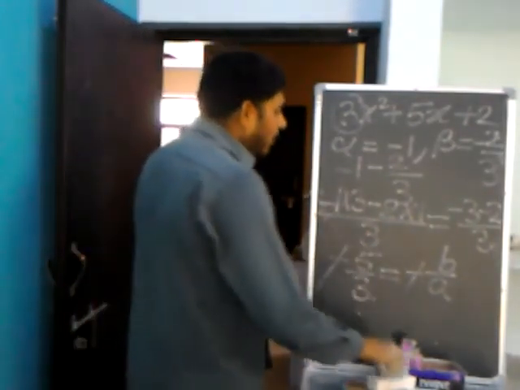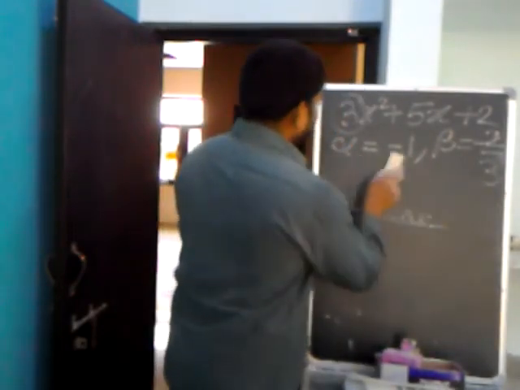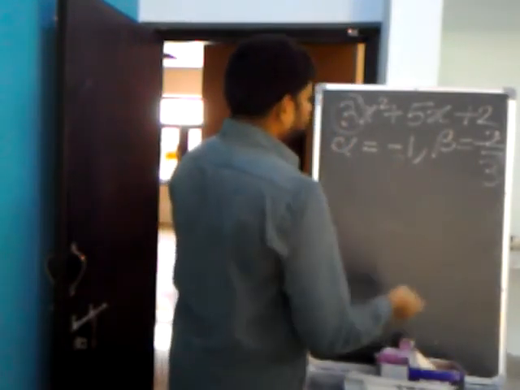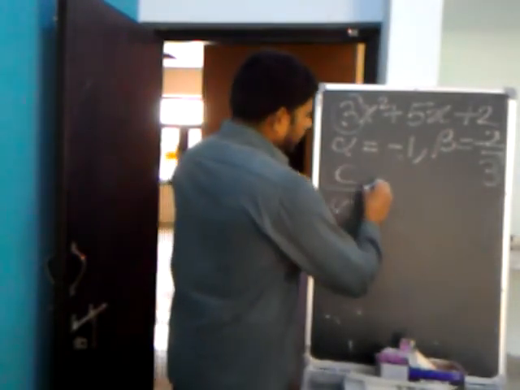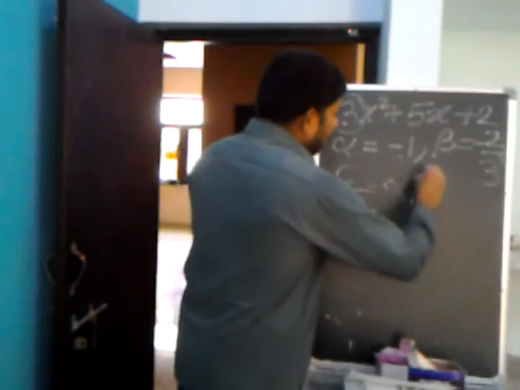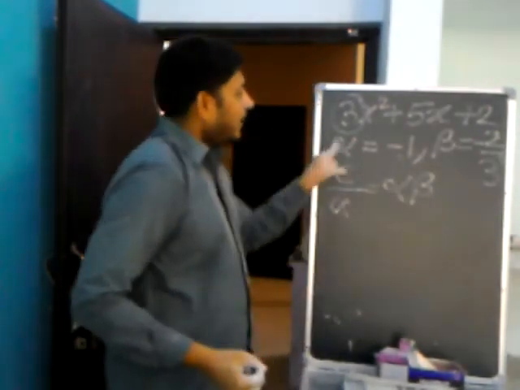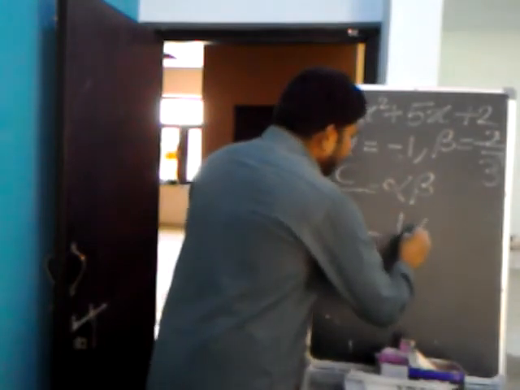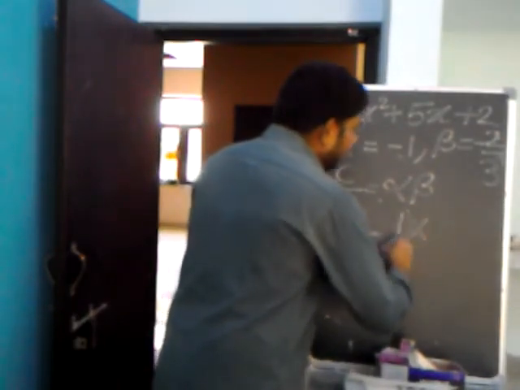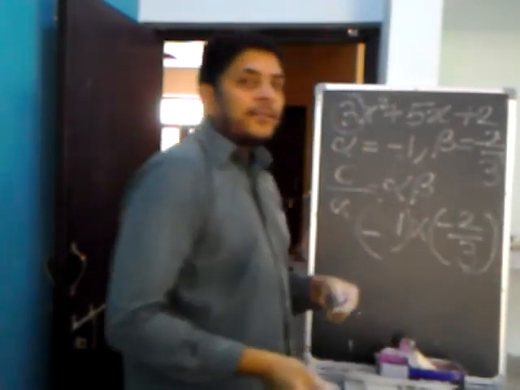Now let us see about c upon a, that is alpha into beta. Alpha is -1 and beta is -2/3. 2/3 multiplied by 1.